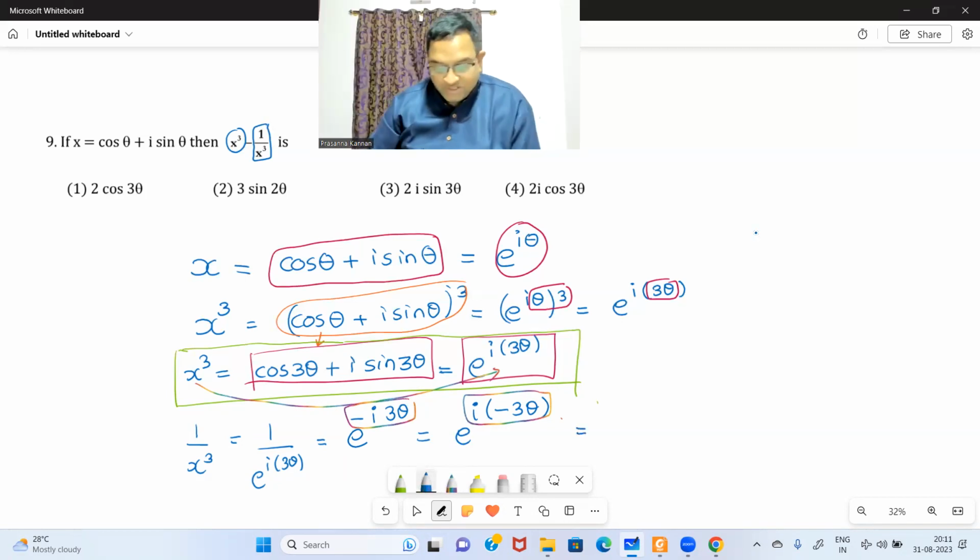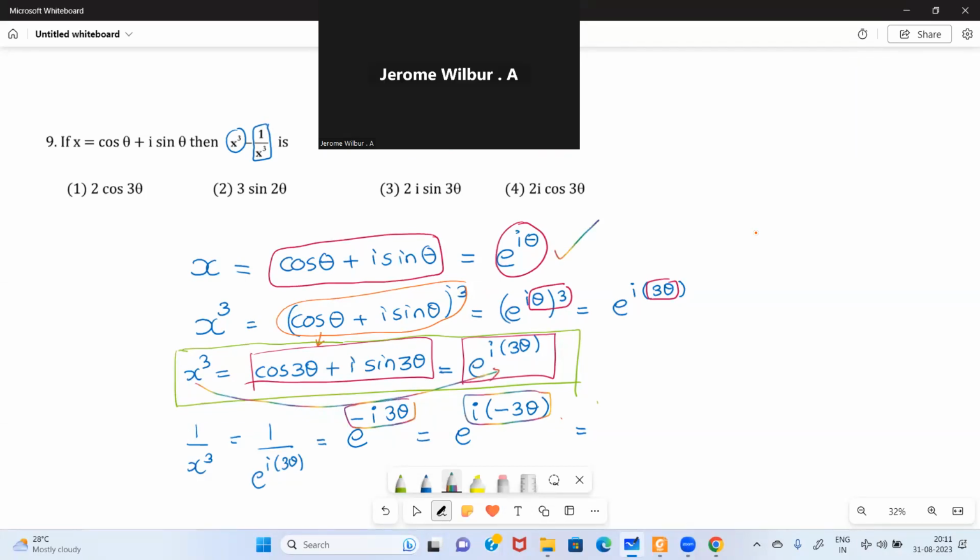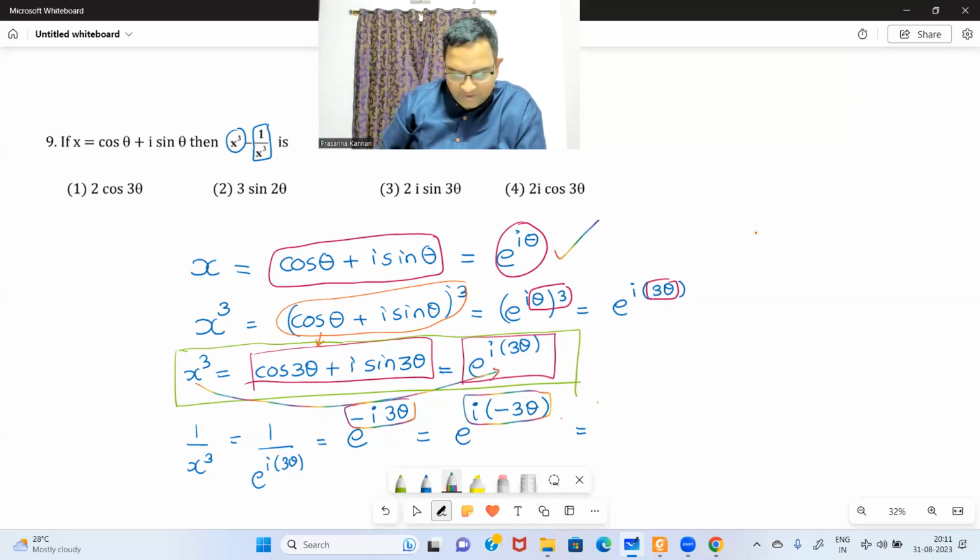So now tell me once again, what is e power i theta? Cos theta plus i sin theta. So whatever is there in the angle, that becomes the thing, right? So what is e power i minus 3 theta?